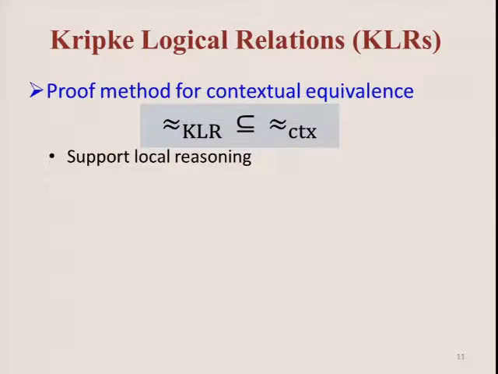Okay. So what do we do? Well, actually, in practice, people don't prove contextual equivalence directly, and instead they use various other proof methods, which are sound with respect to contextual equivalence. And as I mentioned before, the most advanced one is the logical relation, right?